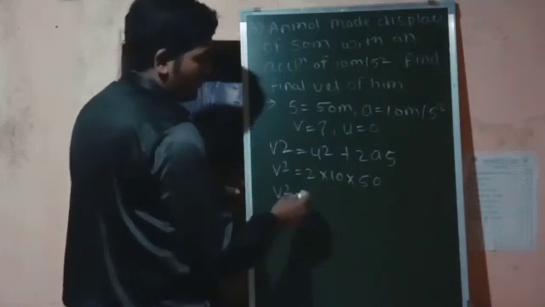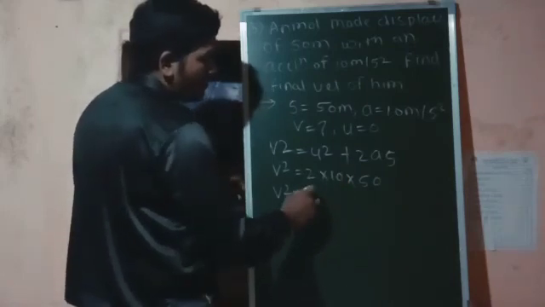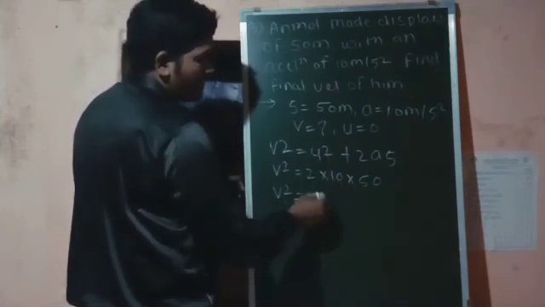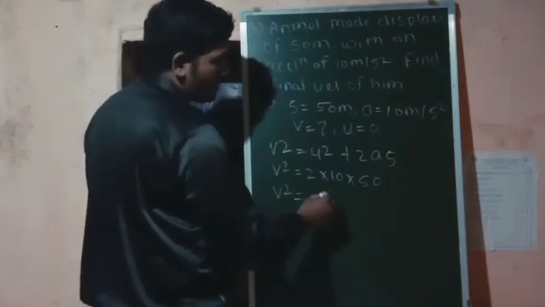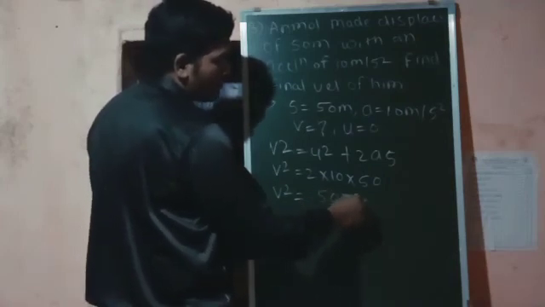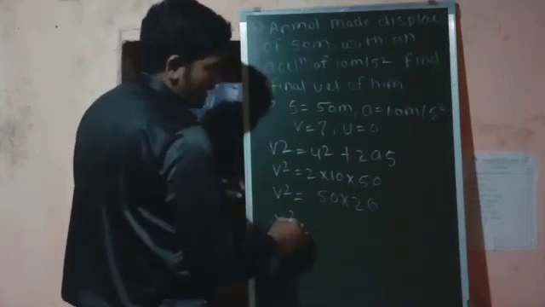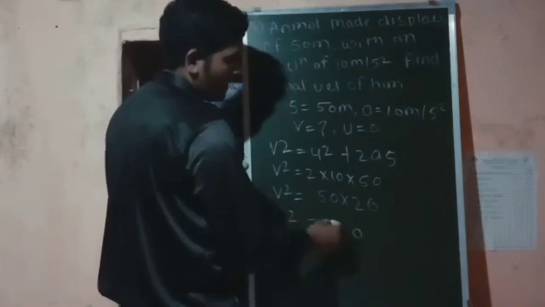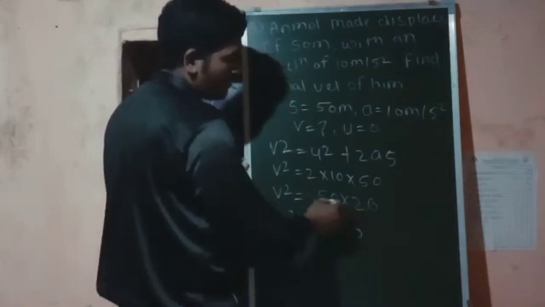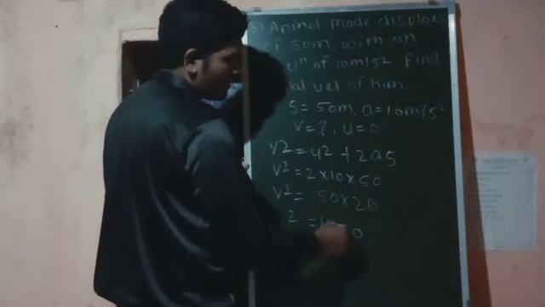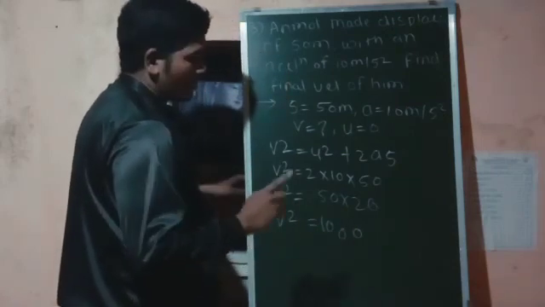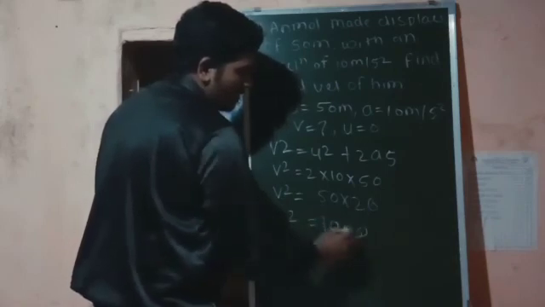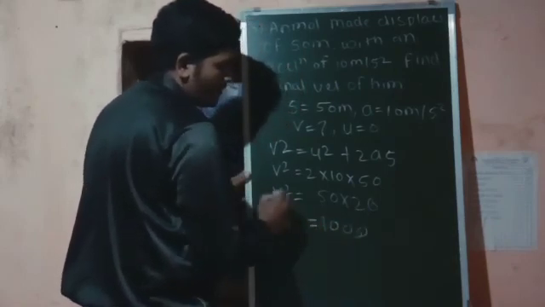We will make the multiplication simple. 50 into 20, so v square is equal to 1000. It is 1000.